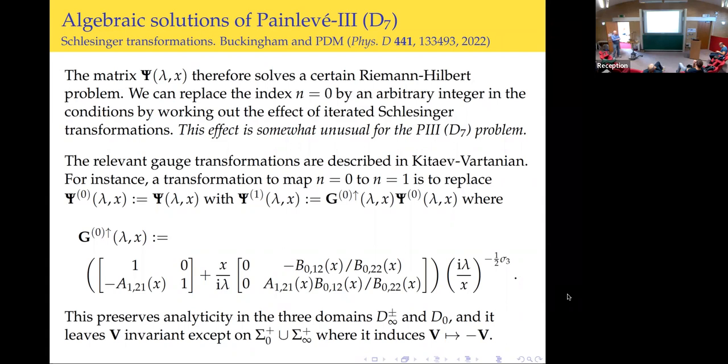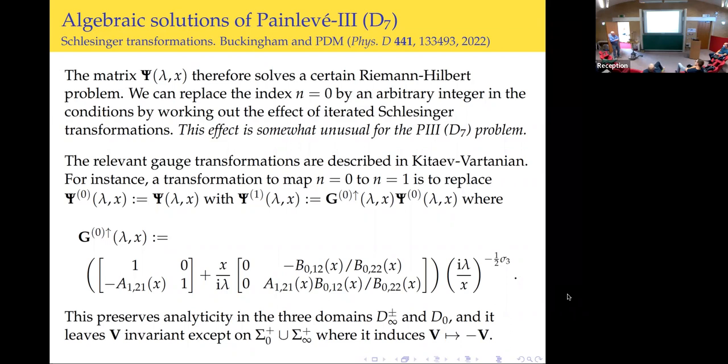So I remind you that this A112 is one of the coefficients of the expansion at infinity of the solution. So this is something that we know if we know psi 0. And these are things that we get from the solution expansion near 0 in the complex plane. So these again are things that we know if we know psi 0.